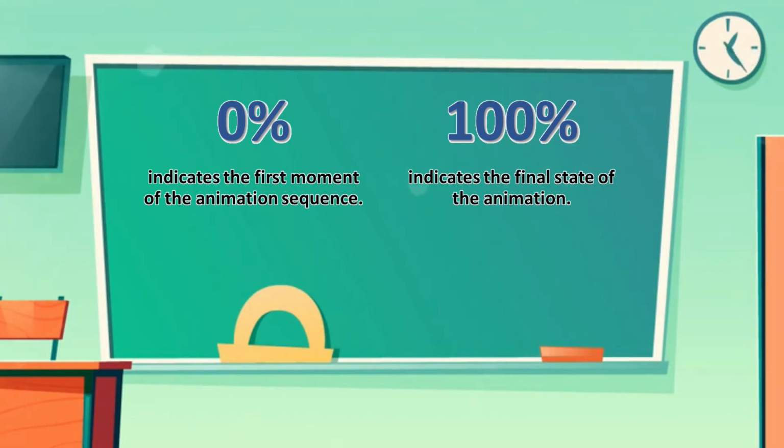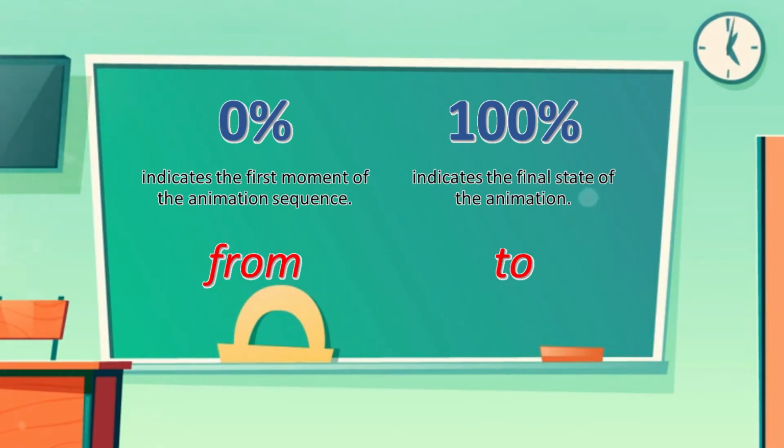Because these two times are so important, they have special aliases, from and to. Both are optional. If from or 0% or to or 100% is not specified, the browser starts or finishes the animation using the computed values of all attributes.